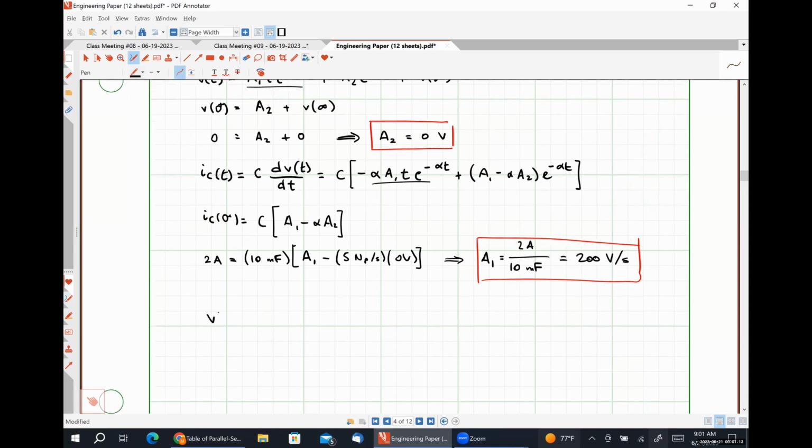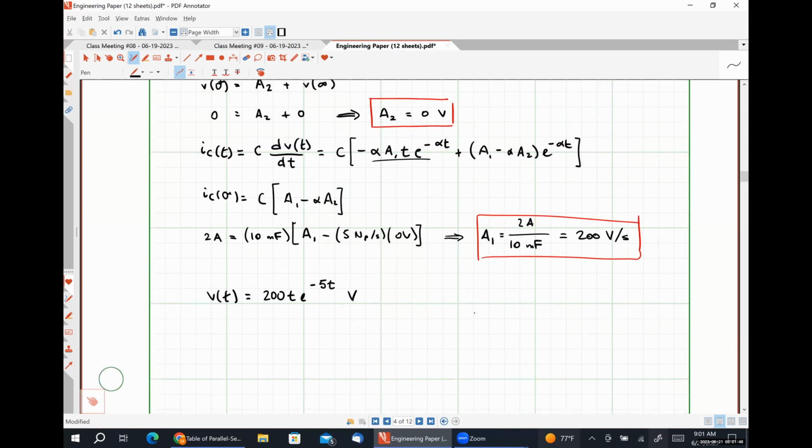So V of t is going to be A1 200t e to the minus alpha, which was 5t, plus A2, which was 0. So this means this whole next term is going to be 0, plus V at infinity, where V at infinity was 0, which means that's going to be 0. So this is our voltage, 200t e to the minus 5t.